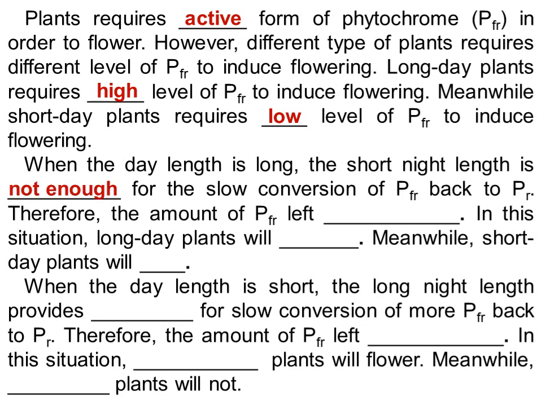Because PFR is converted to PR very slowly, the short night is not enough. They need a long night so they can convert back to PR. Therefore, the amount of PFR left remains high, because the short night is not enough for PFR to convert to PR.